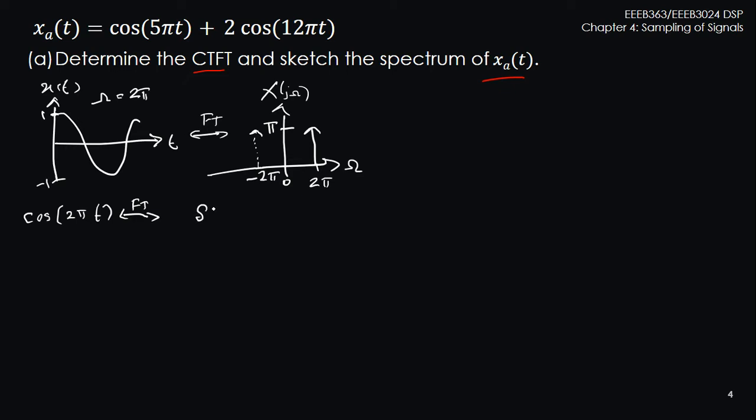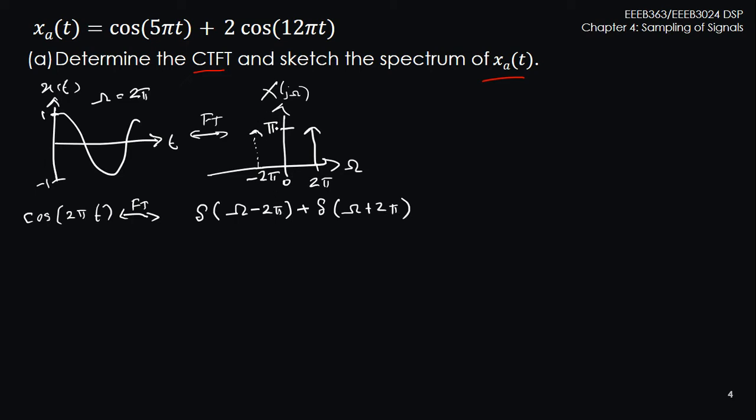You have delta, so a pulse is written as delta. Where is this pulse located? It's located at 2 pi, so delta of omega minus 2 pi. That's just one pulse. The pulse on the negative side of the frequency scale, you have to add that as well. So plus delta of omega plus 2 pi.